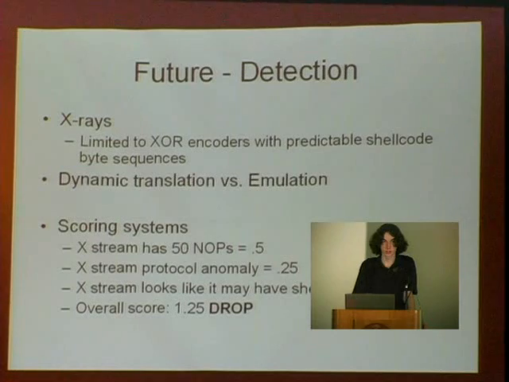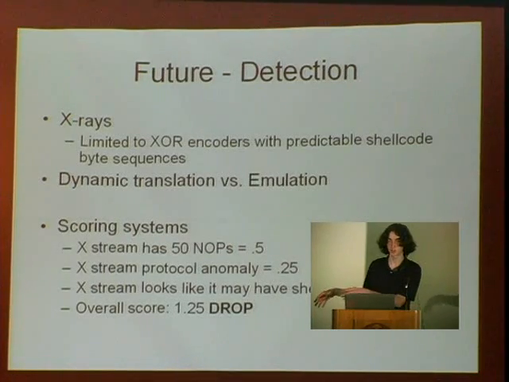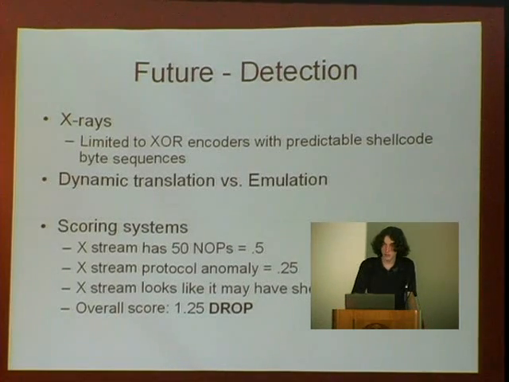And it's likely if there's a protocol anomaly in there, there may be NOPs. So basically we do the most simple processing first, and if that goes through and says there's something suspicious, we do more and more processing. So first we look at protocol anomalies, then we look at NOPs, and then we can use these fingerprints, and they may be very heavyweight, but if they're only run on 0.0001% of the packets, it's almost no speed hit at all. You just have to be intelligent in your scoring system.